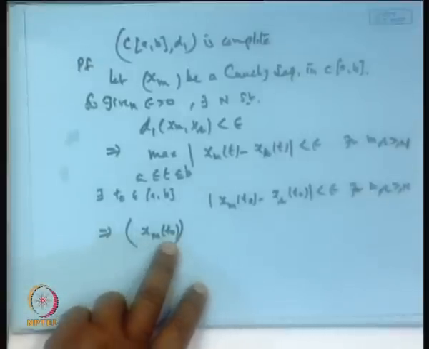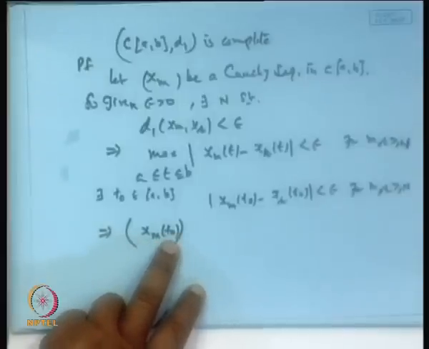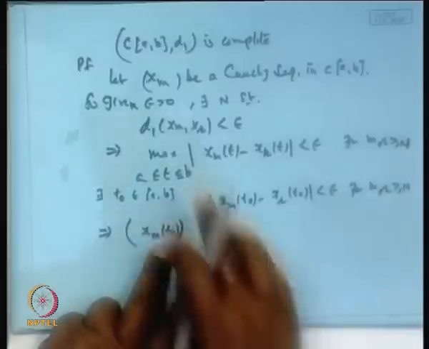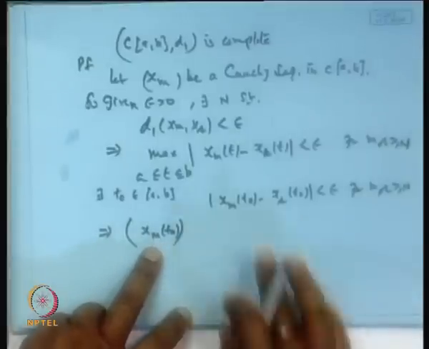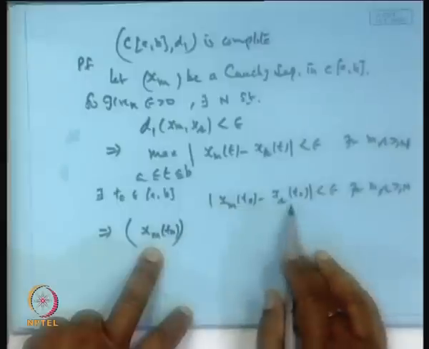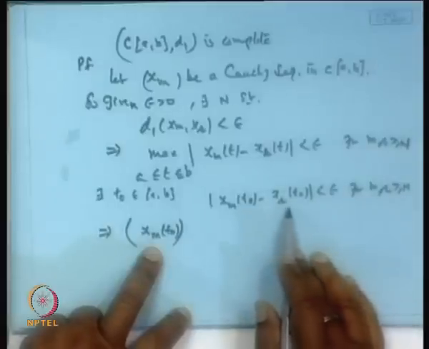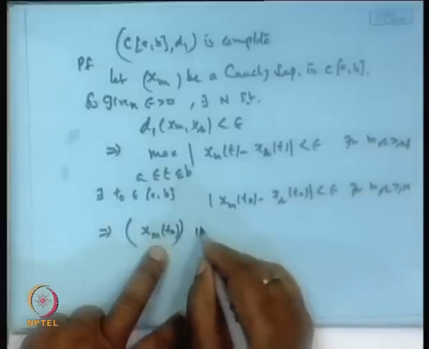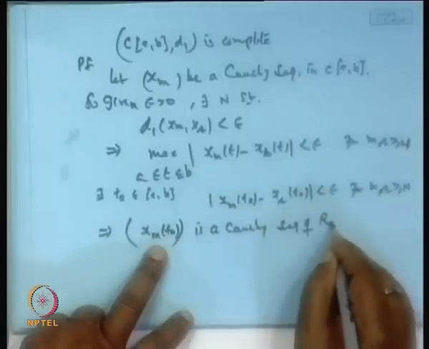When you are taking x_m(t naught), the value of the function is taken at a point t naught, so it is a real number, because C[a,b] is the set of real valued continuous functions. Now, this real number sequence satisfies the criterion that the difference between any two terms after a certain step remains less than epsilon. It means this is a Cauchy sequence of real numbers.